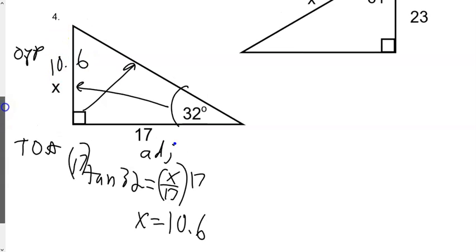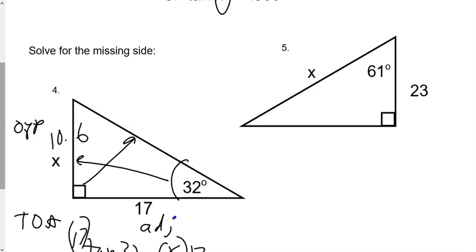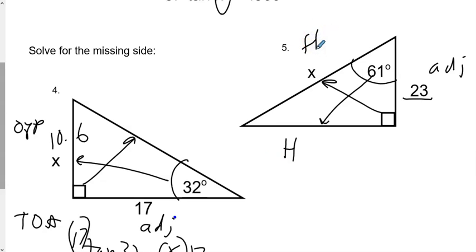Okay? Number 5, here's our angle. Notice we do have the hypotenuse, so we know it's got to be sine or cosine, because we have that h. Now, from 61, we don't have the opposite, we have the adjacent. So that is cosine, CAH.